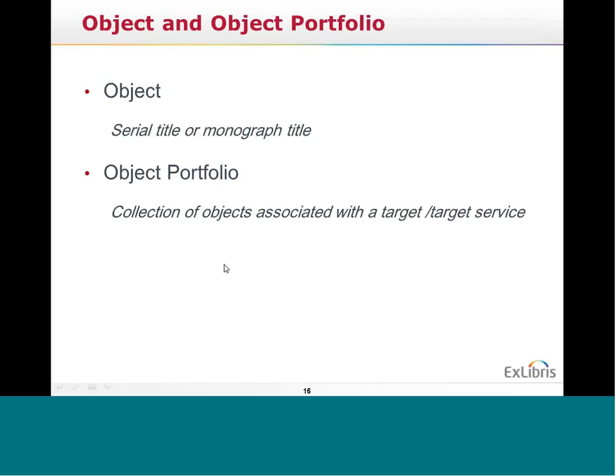An object portfolio is the collection of e-journals or e-books, in other words, objects, associated with any given target or target service. So to give you an example here, EBSCO's Academic Search Premier's object portfolio for its full text service contains about 22,000 publications, or in other words, 22,000 objects or titles.